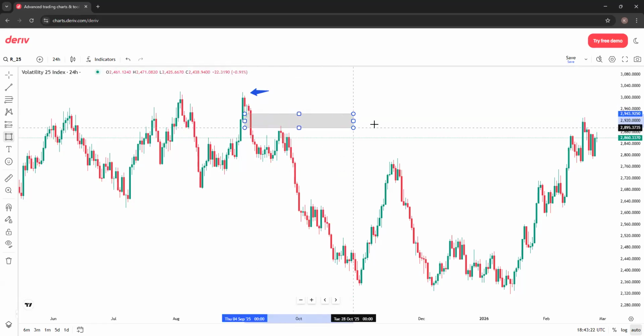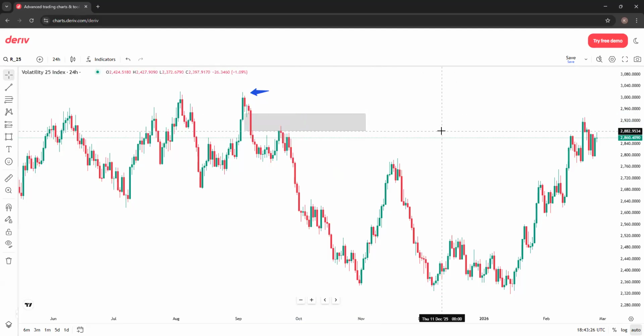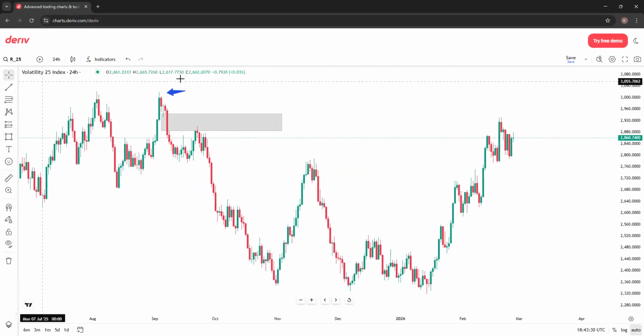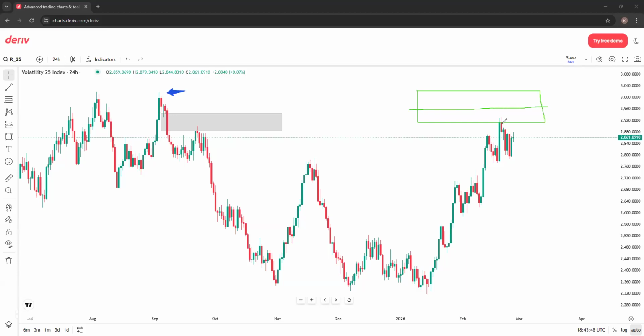Right. Now, before I go any further, what I want you to know is whenever we see these gaps and we mark them, let's say this is a gap that we've seen, what we would also want to do is mark at least 50% of that gap. Why?